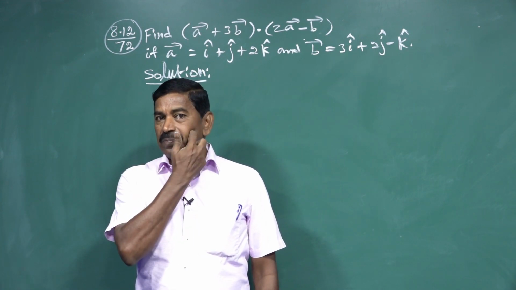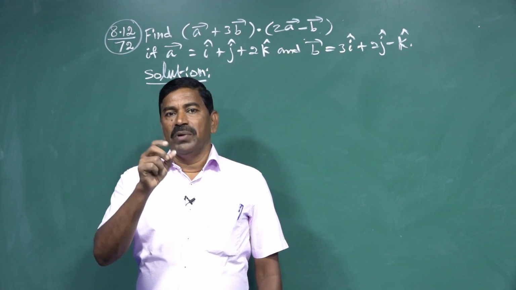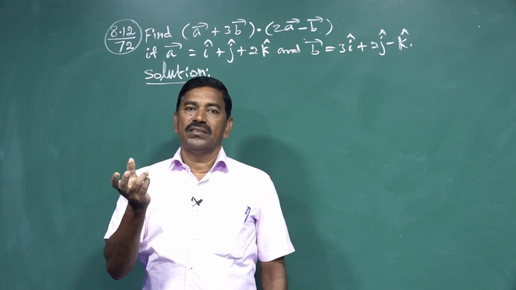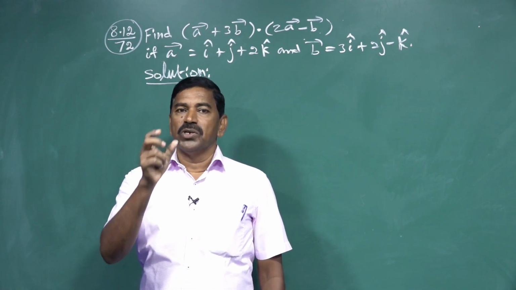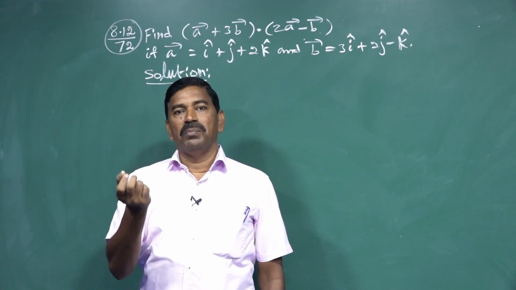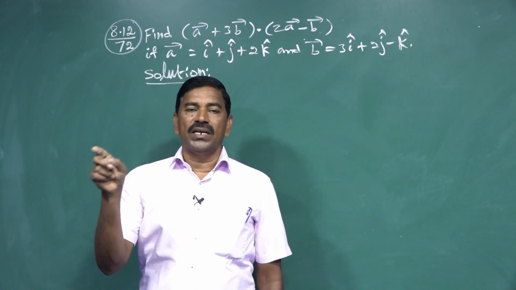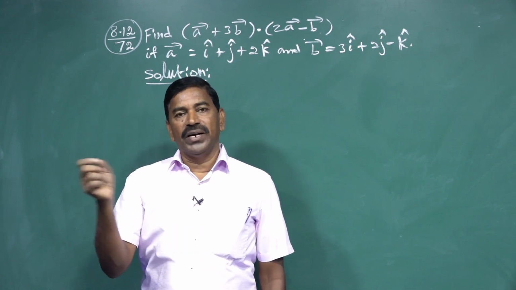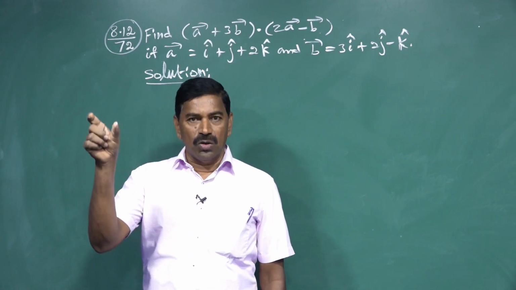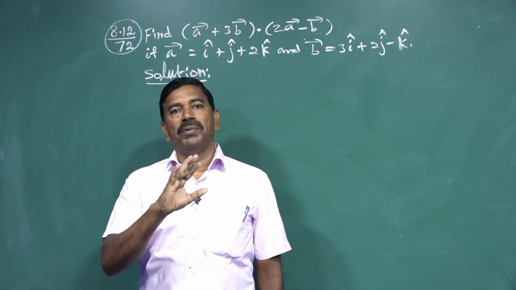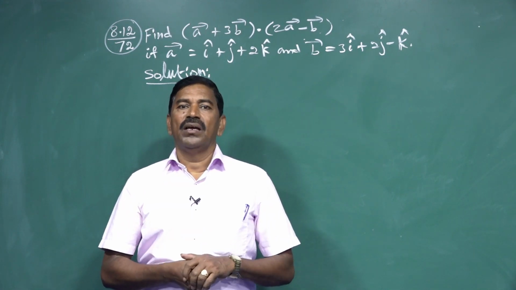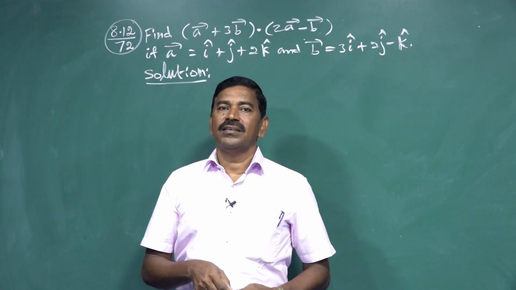Next, can you tell me what is the angle between the 2 vectors? Suppose the angle between A vector and B vector is given by the formula cos theta equal to A vector dot B vector divided by modulus A vector into modulus B vector. Next, projection.